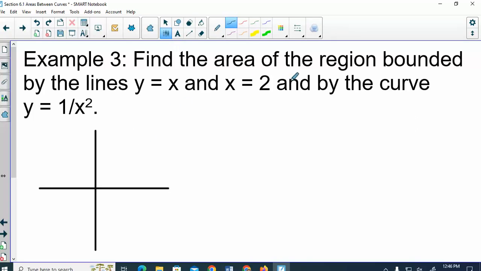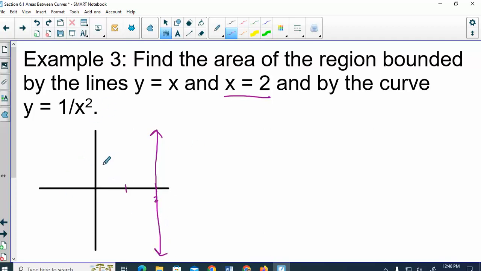Okay, right away I know I've got x equals 2. What's that? Vertical line at 2. So that's probably going to be my stopping point.